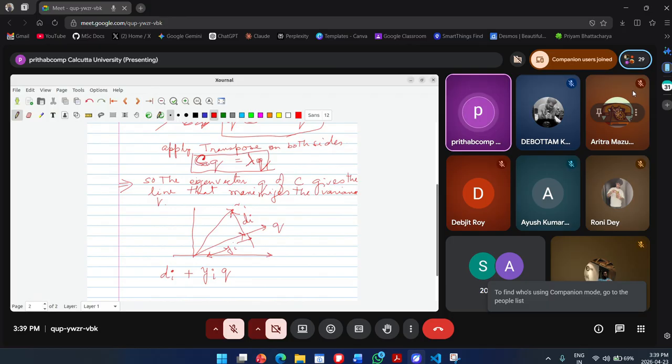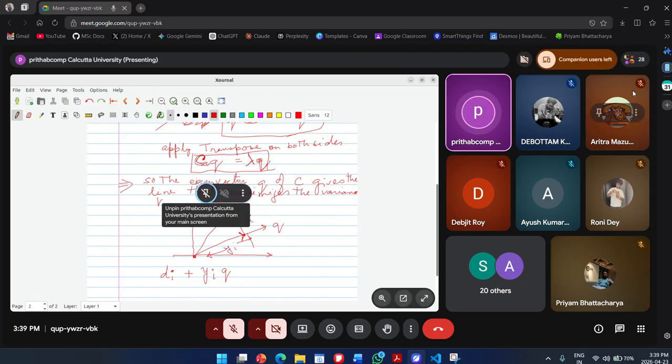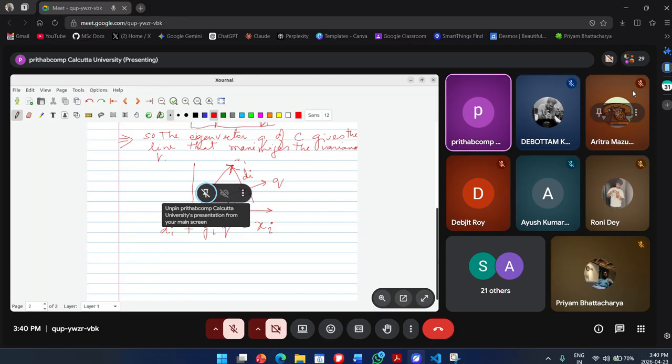So this yi represents the magnitude, and we can write it like this: di plus yi q equal to this one, which is xi. Okay. So we are going back to that, right?